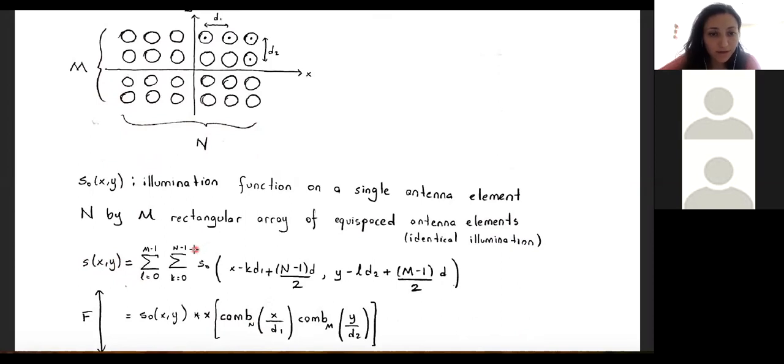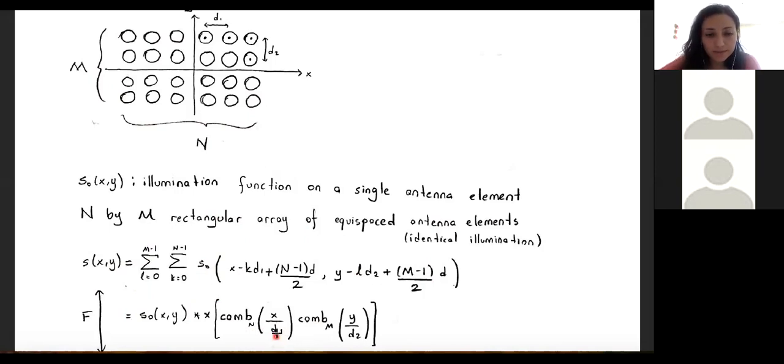Remember that we can write the periodically repeated structures like this as a convolution of each signal S0 with a comb function. Remember that the two-dimensional comb function is a periodic impulse train, but it is finite. Okay, there are finitely many periodic impulses.